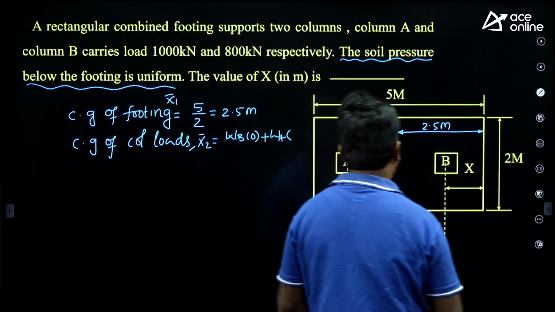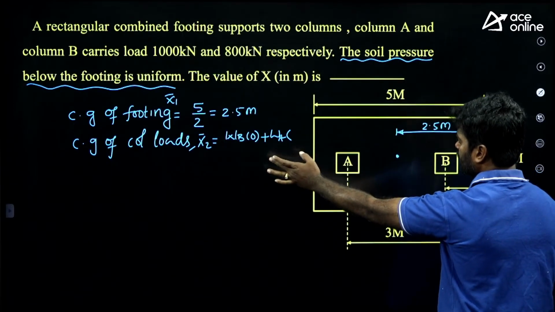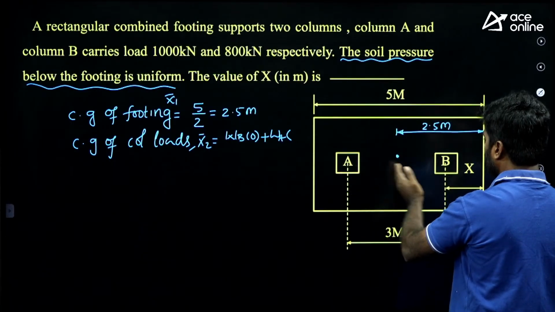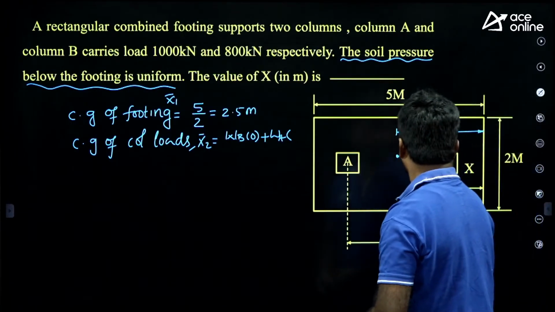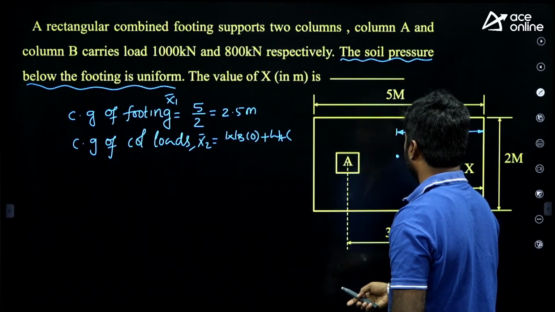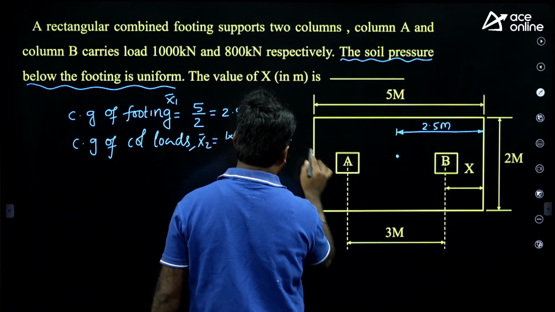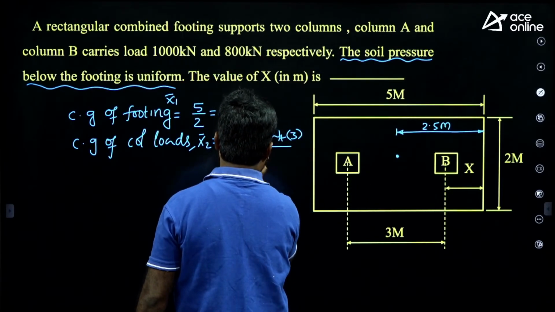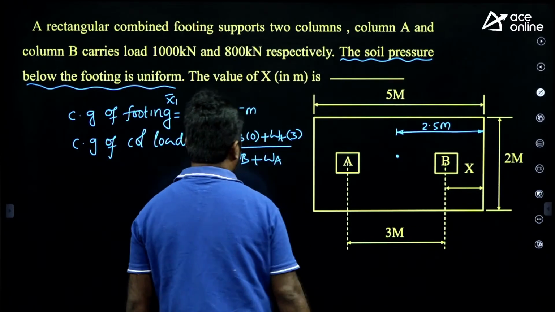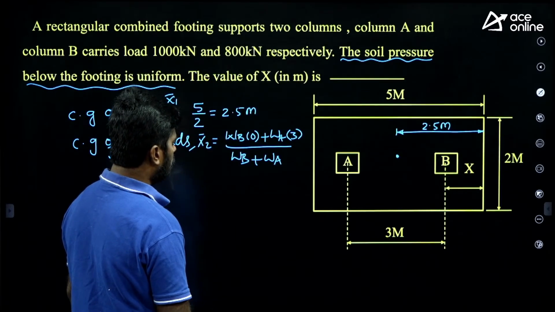With respect to this point, column B is the starting point, into 0, plus WA into this distance. About this point, WA into distance, how much? 3 meters, upon column loads WB plus WA. Okay?